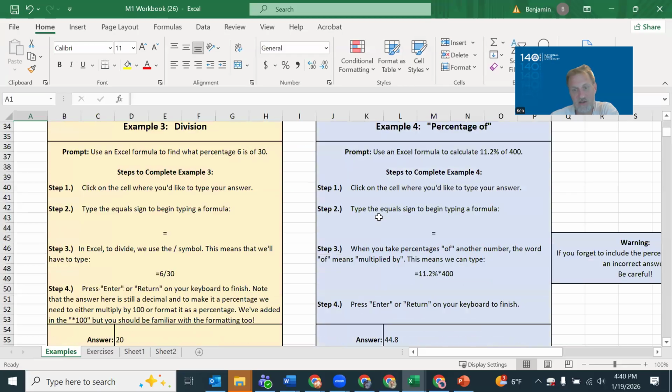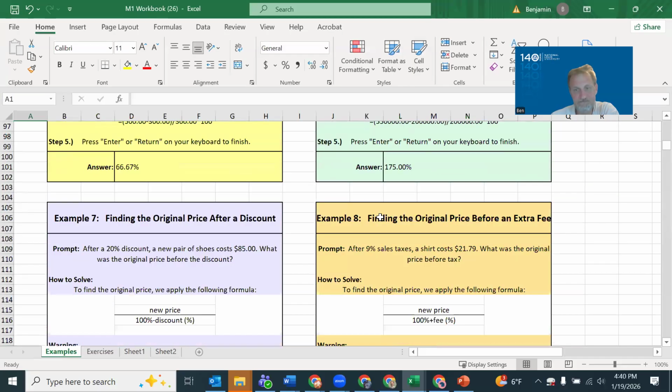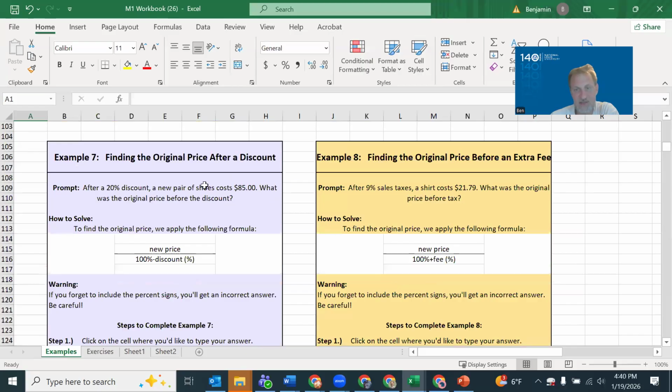It's these examples here. If you're trying to find an original price, the discount has already happened or the extra fee has already happened. You have to do this multiplier, and the multiplier is written out in the denominator, the bottom of these two examples. If you know how to do the multiplier, you just find the multiplier, and that's what you divide the new price by.